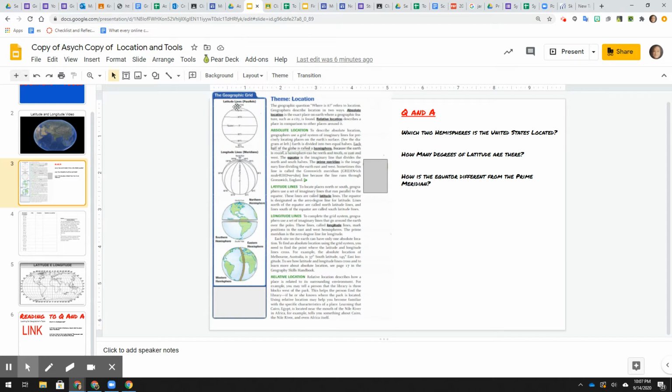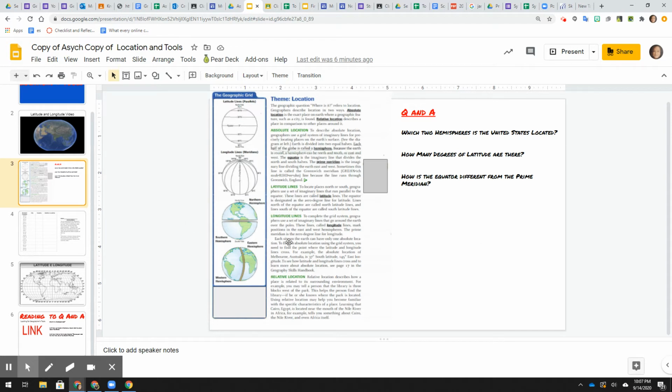And so between the North and the South Pole, there are 180 latitudinal lines, 90 from the South Pole to the equator and 90 from the equator up to the North Pole. The longitudinal lines run north and south, and they remind me of being long. So that's one of the ways Ms. Schusler remembers these. Their 0 point there is prime meridian, which also runs through Greenwich, England. That may be relevant to questions you're answering.